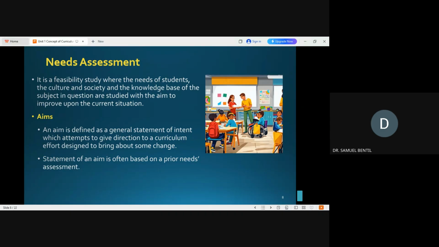So if the aim of your program says that by the time we end this program, we'll be able to train geography teachers who will teach various aspects of geography effectively and efficiently, the goal will say that by the time you end this program, we'll be able to train geography teachers who will teach physical geography effectively and efficiently. You could see that whilst one said various branches or aspects, which is broad, the goal is a bit more defined, naming an aspect such as physical geography, or human geography, or practical geography.